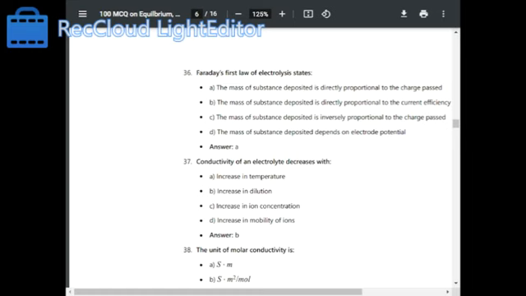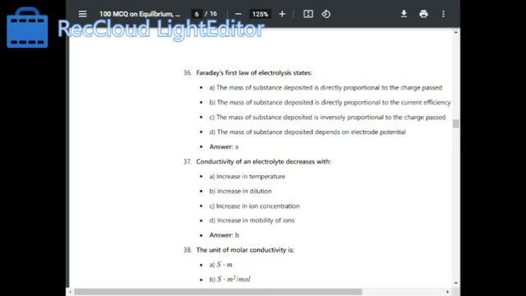Option C, mass of the substance deposited is inversely proportional to charge passed. Option D, mass of the substance deposited depends on the electrode's potential. The correct answer is A. So Faraday's first law of electrolysis states that the mass of a substance deposited is directly proportional to charge passed.